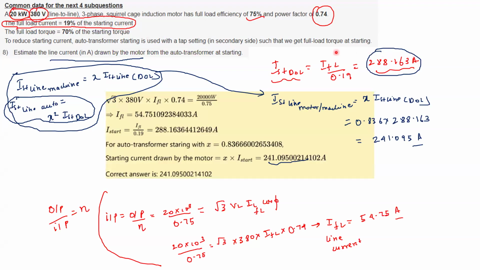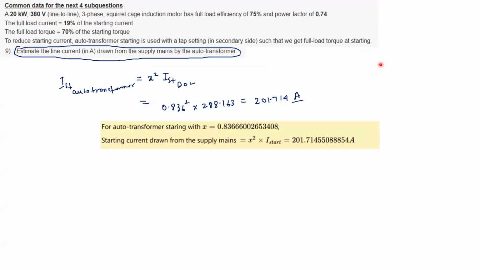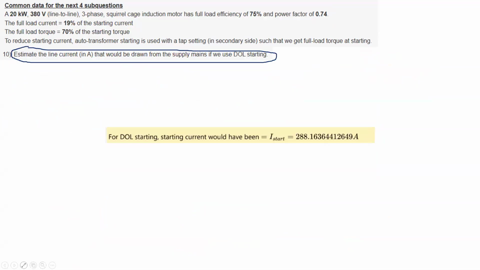We already know the starting current DOL is 288.163, which we just calculated in question 8. So this is 288.163.